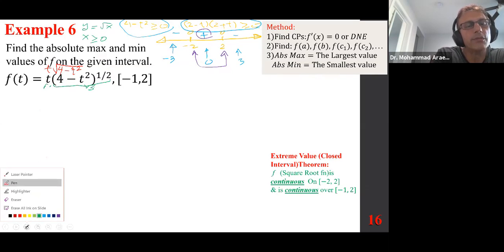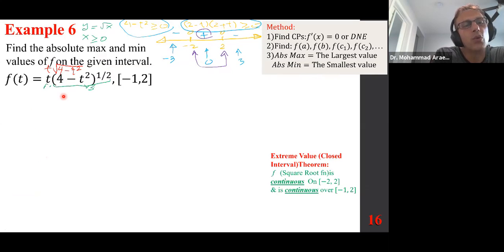So we are looking at f prime g. So that's 1 times that. Plus, now the derivative of this one is 1/2 times 4 minus t squared to the power of 1/2 minus 1, which makes it negative 1/2, by the chain rule times the derivative of the parentheses, which gives you negative 2t, by the product rule times f.